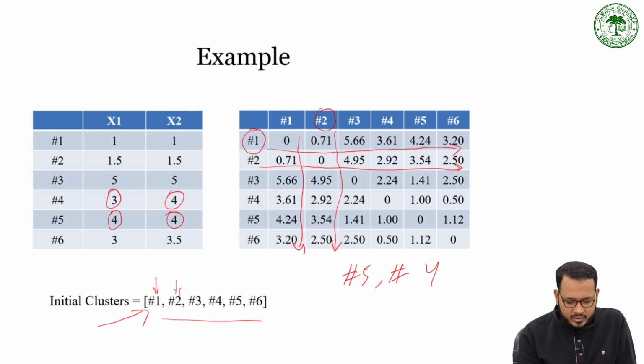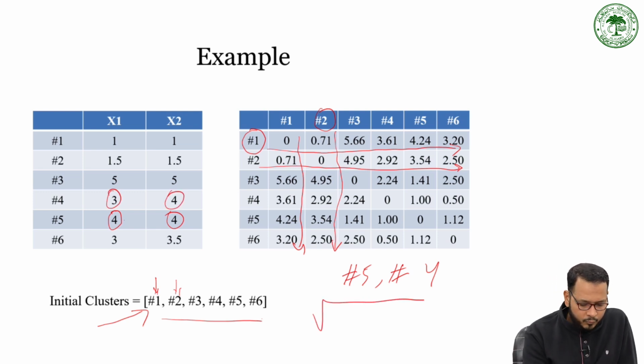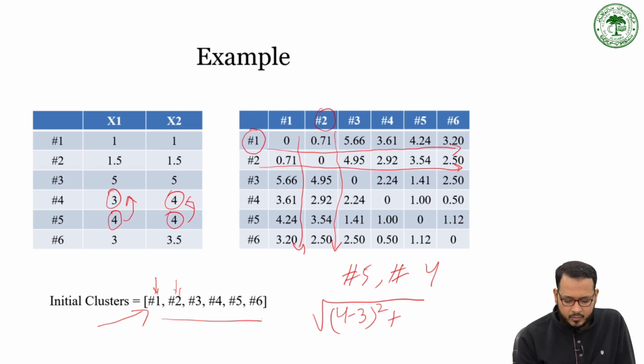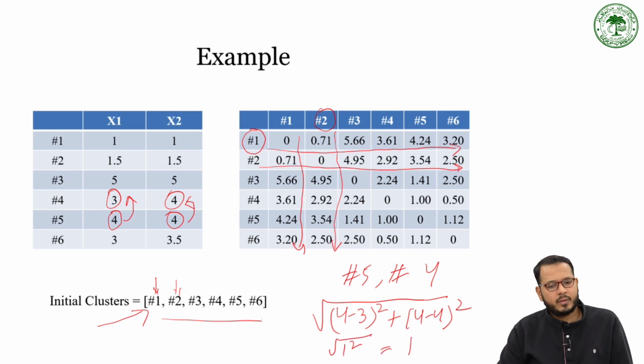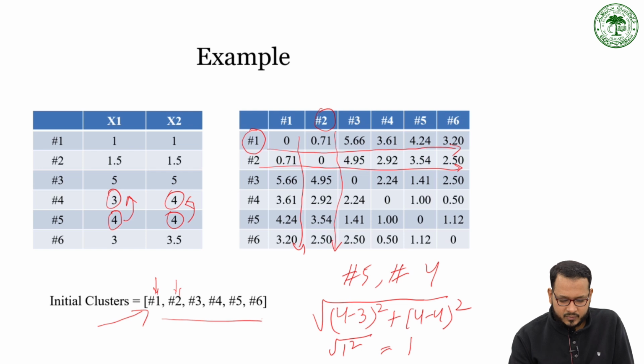So the distance is the square root of (4 minus 3) squared plus (4 minus 4) squared, which means 1 squared, which means 1. So that's why the distance between 4 and 5 is 1.